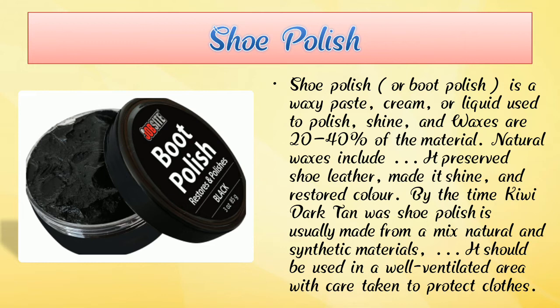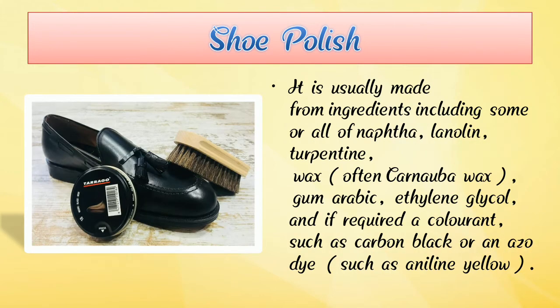Waxes are 20 to 40% of the material, and natural waxes are included. It is dark in color, and it is usually made from ingredients including some or all of naphtha, lanolin, turpentine, wax, gum arabic, and ethylene glycol, and a colorant such as carbon black. So shoe polish is in a black color.